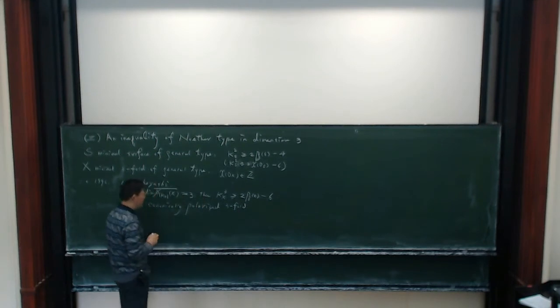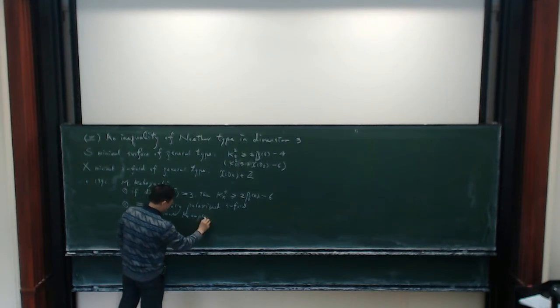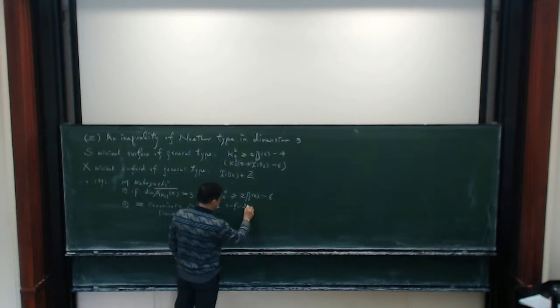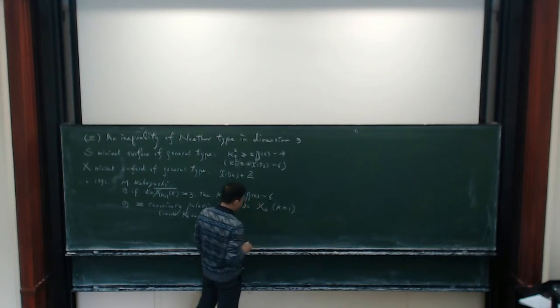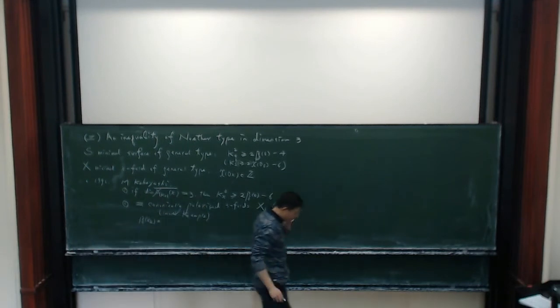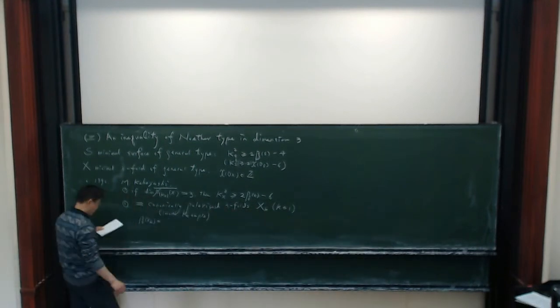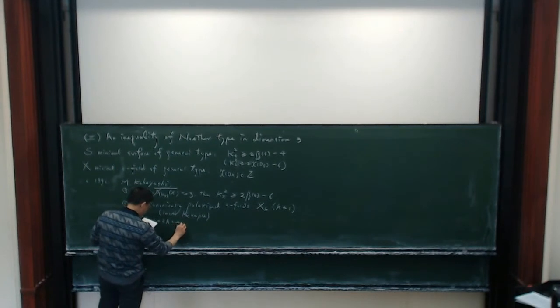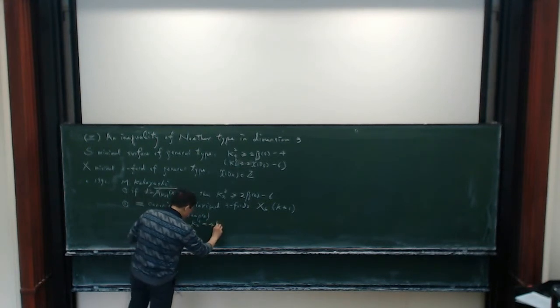Here, canonically polarized means smooth and K_X ample. Say X_k, where k can be an arbitrary positive integer, satisfying the following: p_g of X_k is 3k plus 4, and the volume K_X cubed is 4k plus 2.